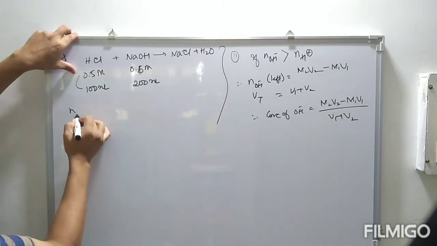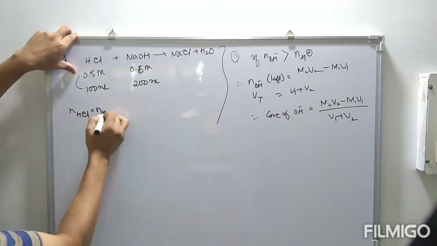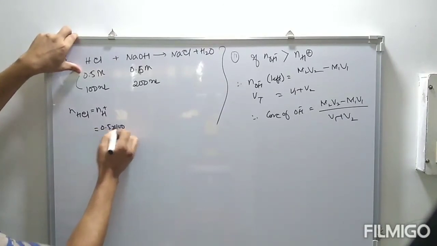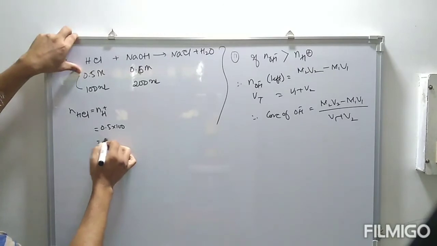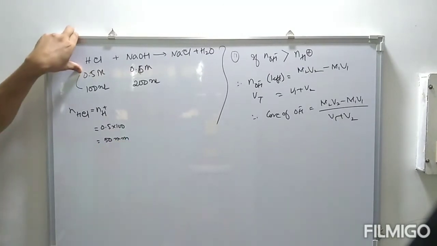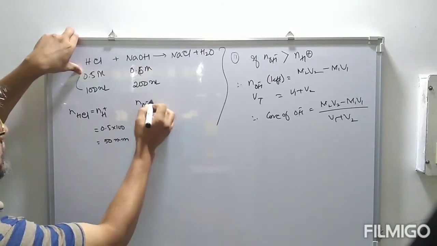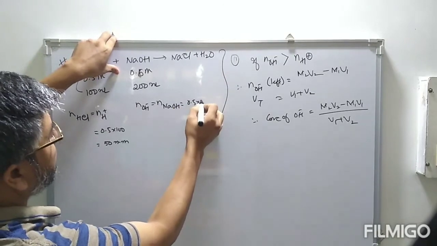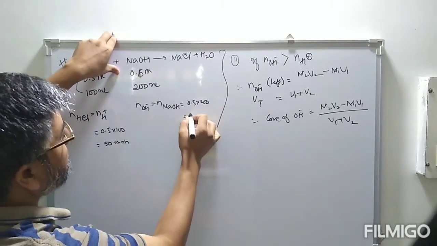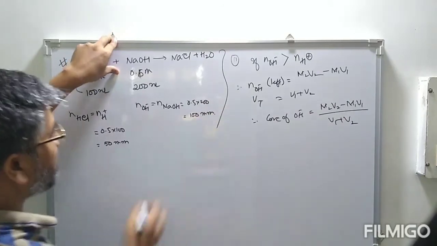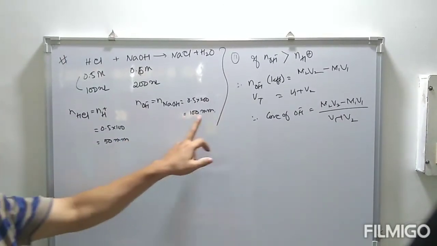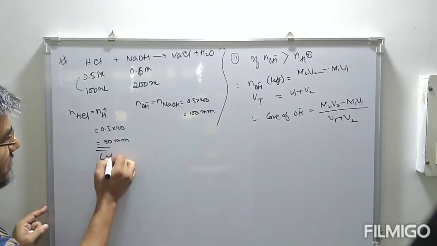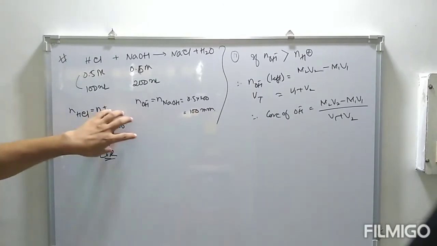So look at it, the number of moles of HCl is equal to the number of moles of H plus ion. So this is equal to 0.5 into 100, that is 50 millimole. The number of moles of OH minus ion is equal to the number of moles of sodium hydroxide, that is 0.5 into 200, that is 100 millimole. So the base is 100 millimole, the acid is 50 millimole. So the acid is the limiting reagent. After reaction, this will be 100% consumed.